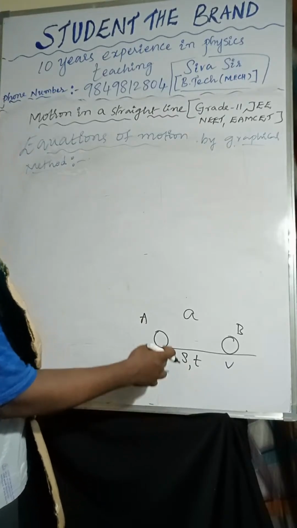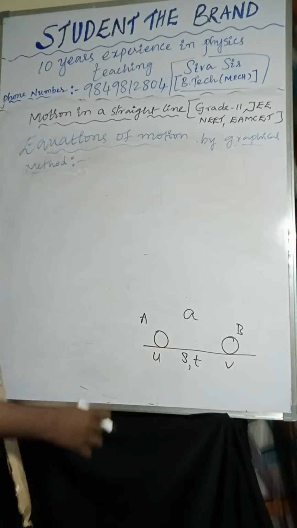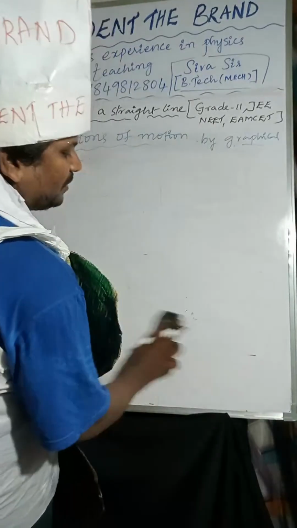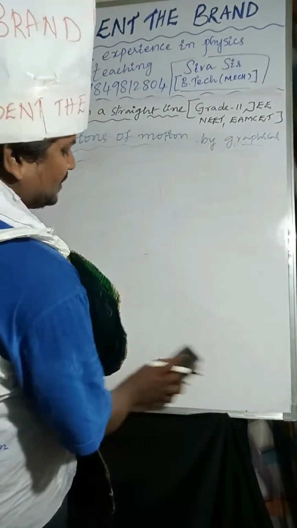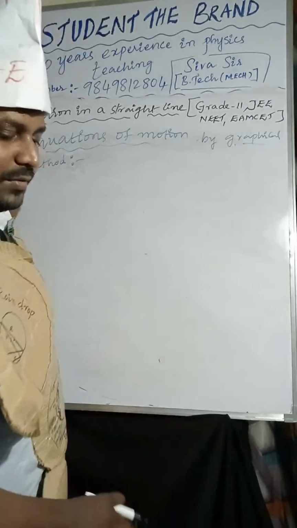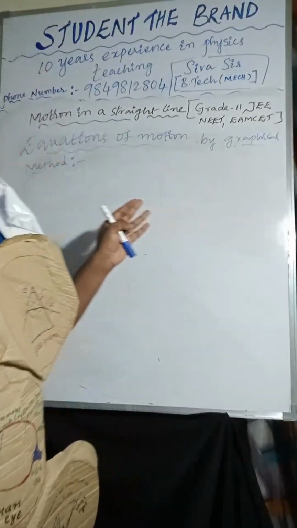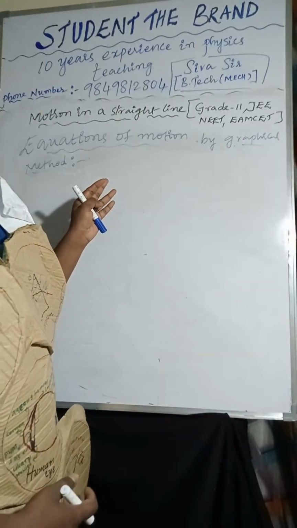Now I hope it is very clear. Now we are considering the same situation, and we will represent it on a graph. How to represent the graph?